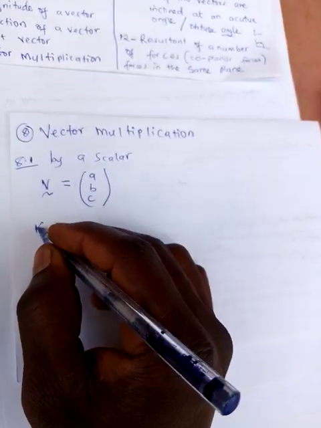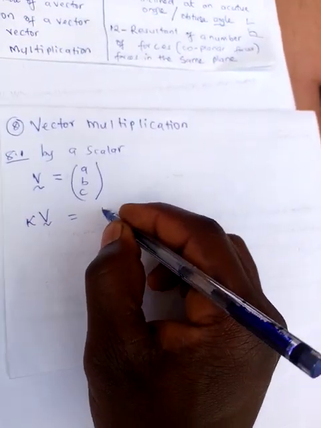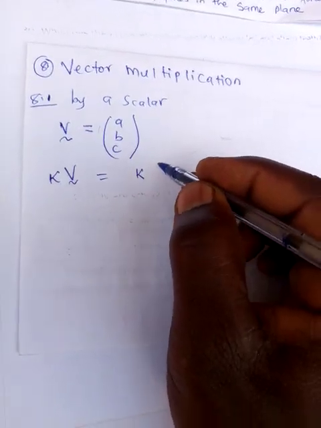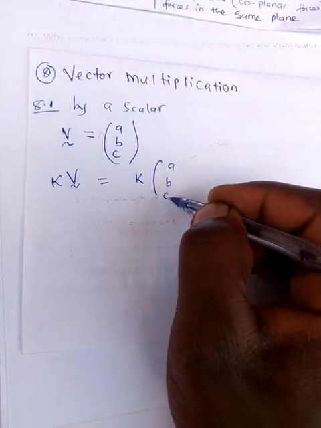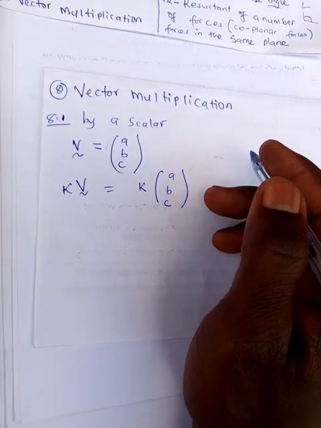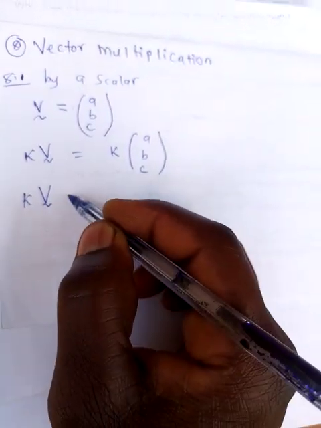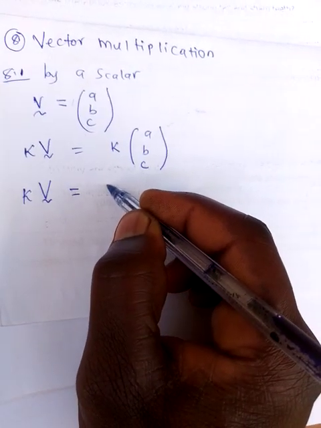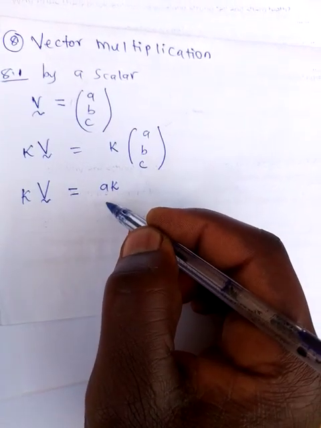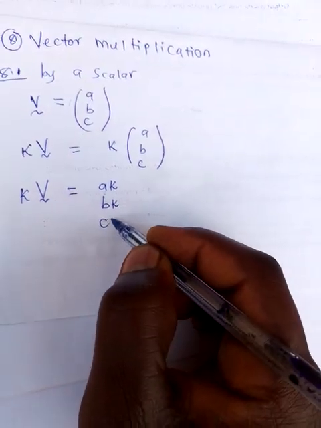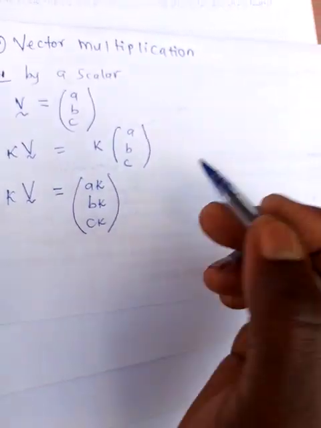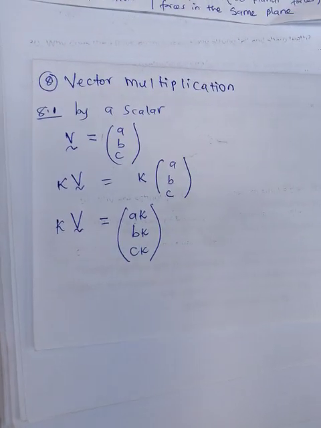So you can say kv is the same as k into a, b, c. So this k will multiply everything there, and we have k times vector v will be ak, bk, and ck. That is it.